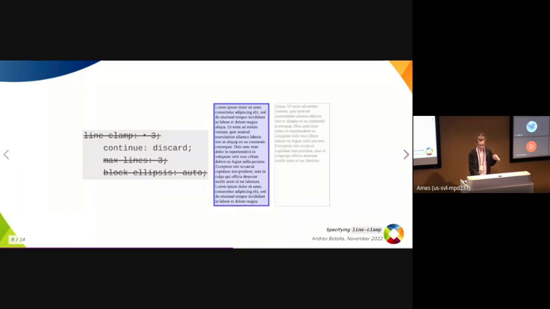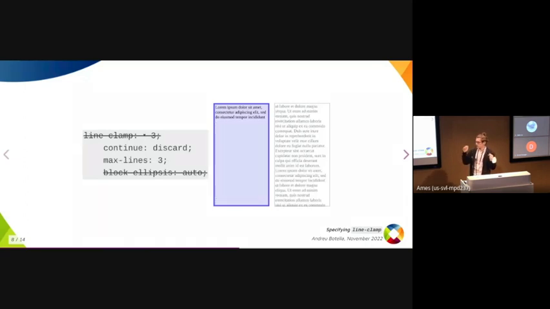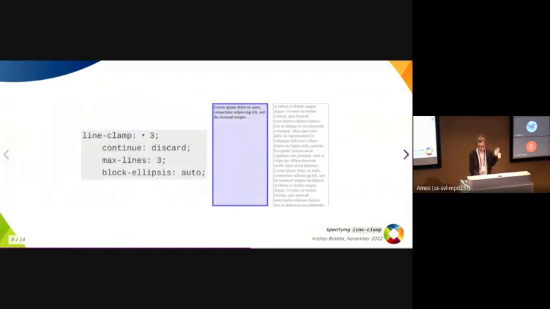Continue: discard makes the box into a fragmentation context and hides anything after the first page. Max-lines: 3 inserts a forced page break after the 3rd line, and block-ellipsis: auto adds an ellipsis at the end of every page but the last, more or less.